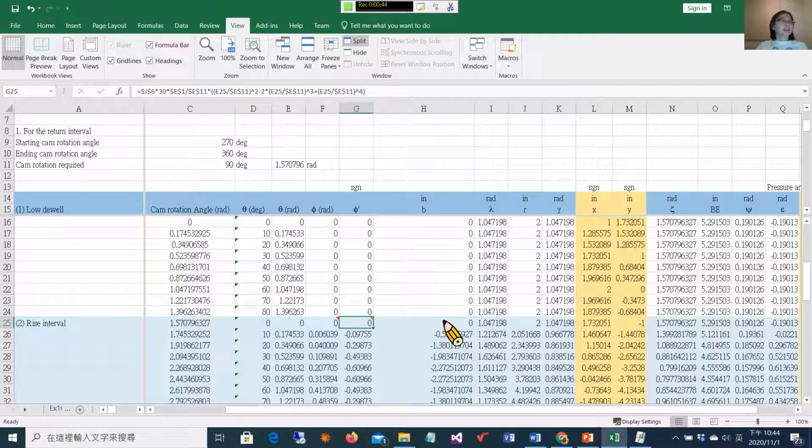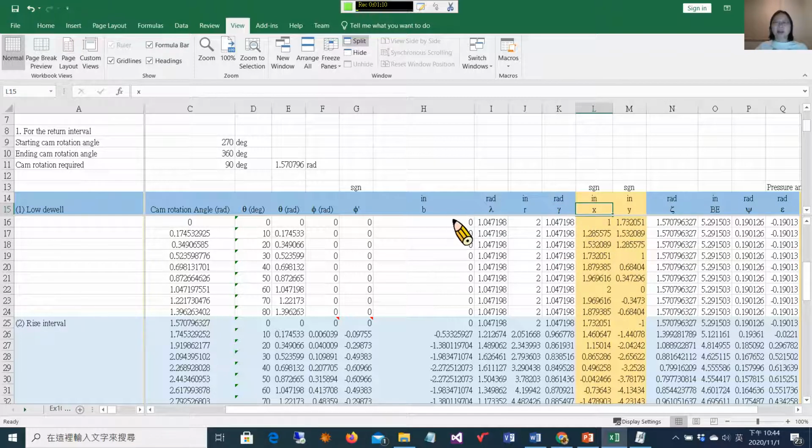Then substitute the values into formulas for cam coordinates listed in table 10.11 of the textbook. We can get values of B, lambda, R, gamma, and the x and y coordinates of the cam profile.